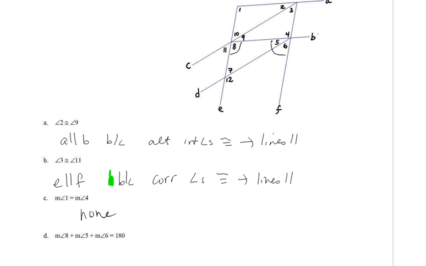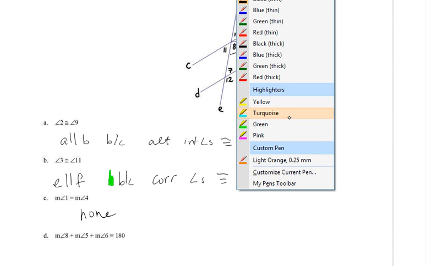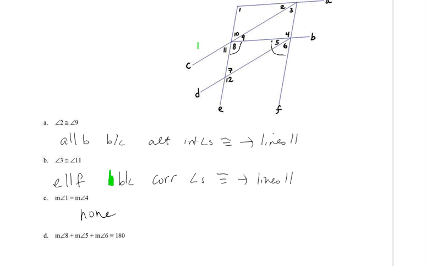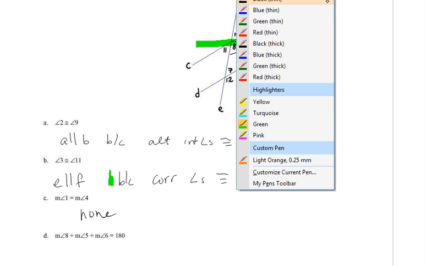Okay, now, what line do they share? What could be their transversal? Well, looks like they're both touching line B. Now, what two lines are crossed by line B that make angle 8 and angle 5 plus 6 together?